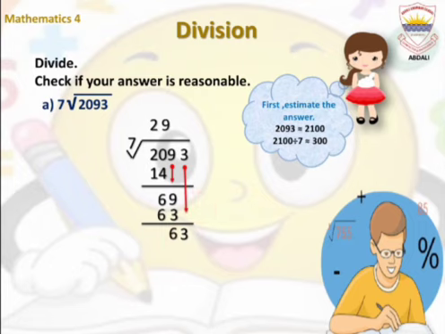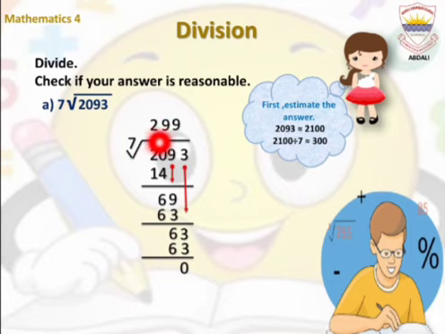Student, now we divide 63 by 7. 7 nines are 63. We write 63 under 63. When we subtract 63 from 63, we get 0. Student, here our remainder is 0 and our quotient is 299.